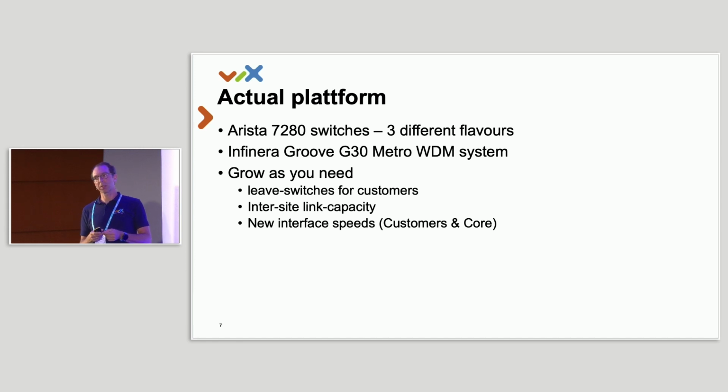The distances between the sites are between 7 and 20 miles, so it's something you could do on short spans without any amplification, but as soon as you want to have WDM, you need something active, and we bought some Coriant Groove G30 systems, and Coriant has been bought by Infinera in the meantime, and for our purposes they work pretty well.